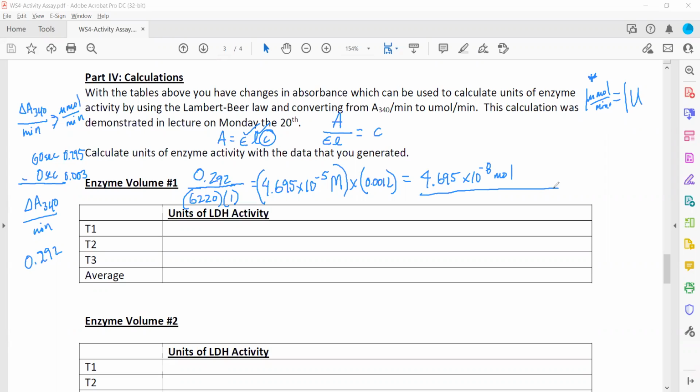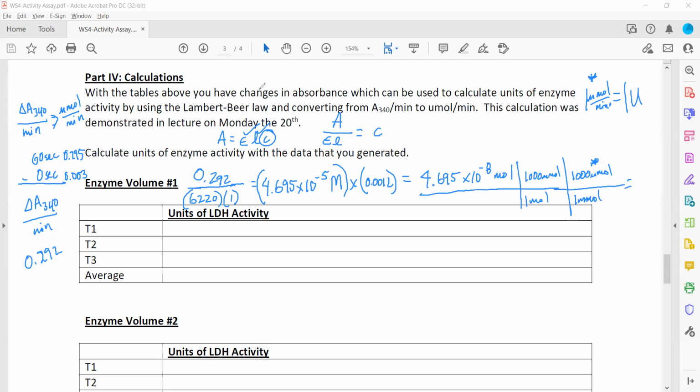Well, the good thing about this is I know that in 1 mole, there are 1,000 millimole. I also know that in 1 millimole, there are 1,000 micromole. And this would land at micromoles, which is where I need to go.